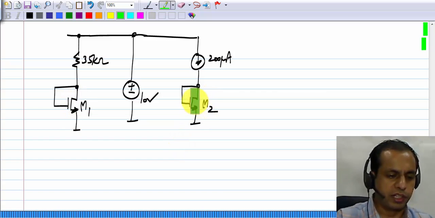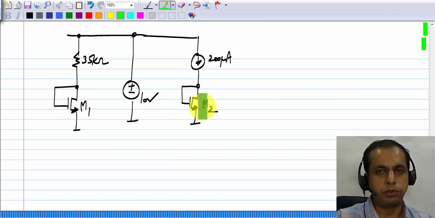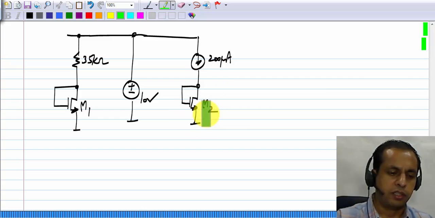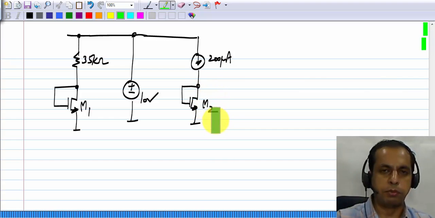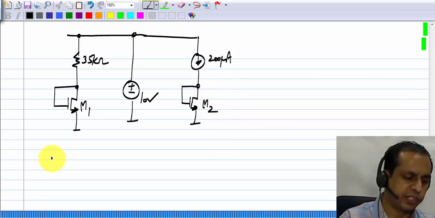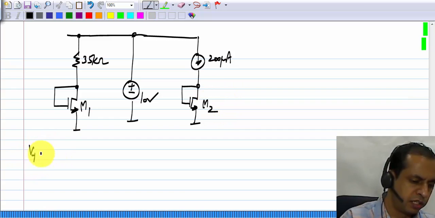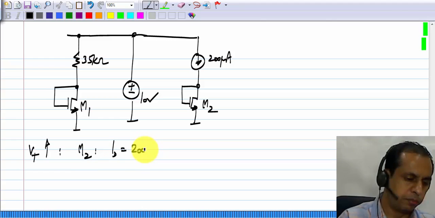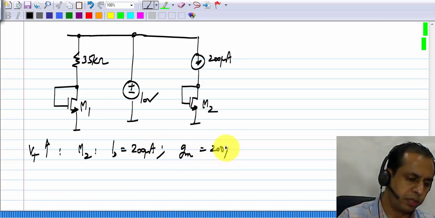Okay. So let's say the threshold voltage of M2 changes by some amount. The current through it will still be exactly 200 microamperes. Okay. So the transconductance of M2 doesn't change at all. This is the easiest example to consider. So let's say Vt increases. M2 has a current of 200 microamperes and Gm is 200 microsiemens.